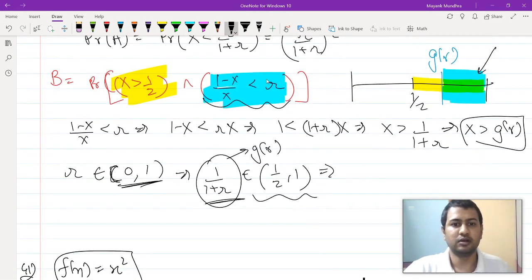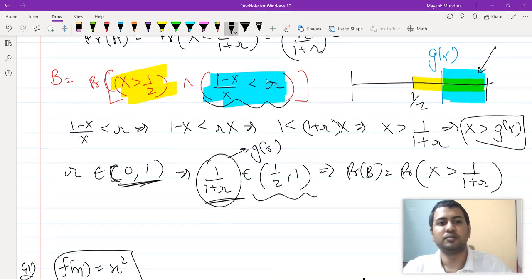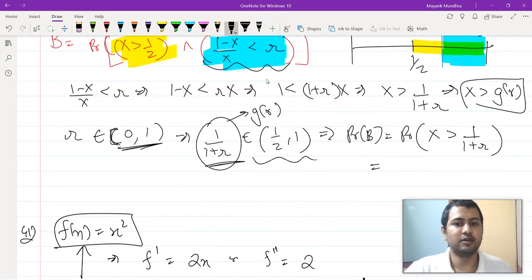So this implies that probability of case B is equal to probability x greater than g of r. G of r is nothing but 1 upon 1 plus r.